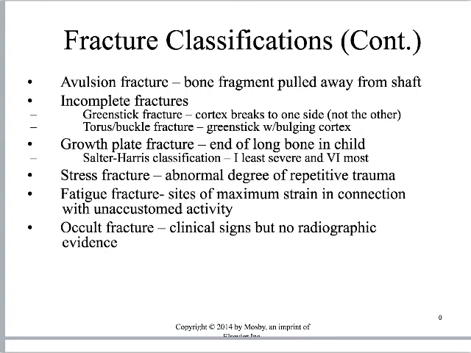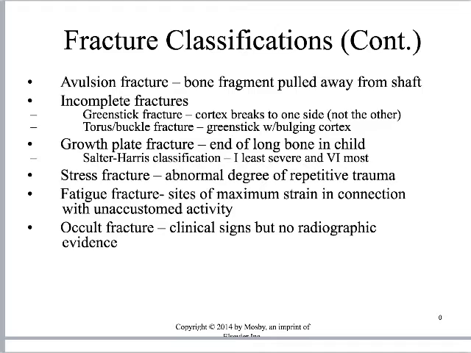So here are some further definitions. We call it an avulsion fracture if the bone fragment is pulled away from the shaft. Incomplete fractures are things like greenstick fractures. There still is a fracture there, but it doesn't go across the entire bone, so a portion of the bone is still intact. If there's a bulging cortex, we'll call this a buckle fracture, or sometimes a bucket fracture, just describing its shape.